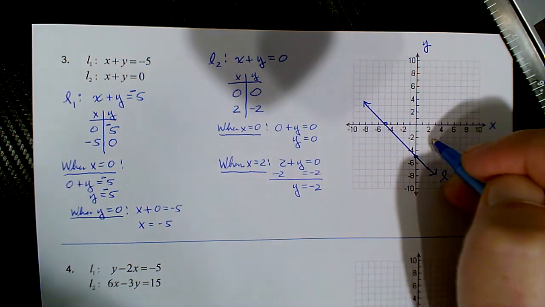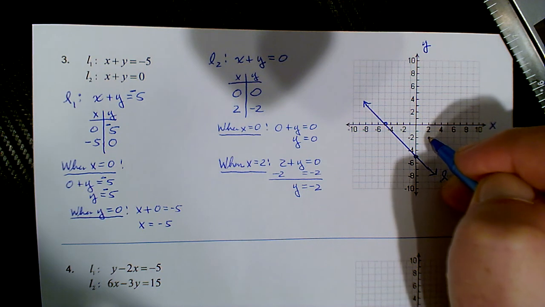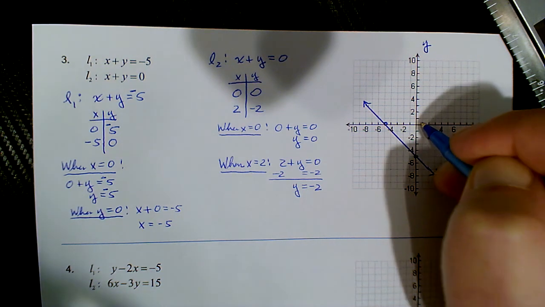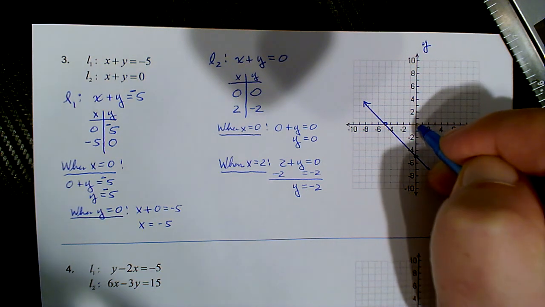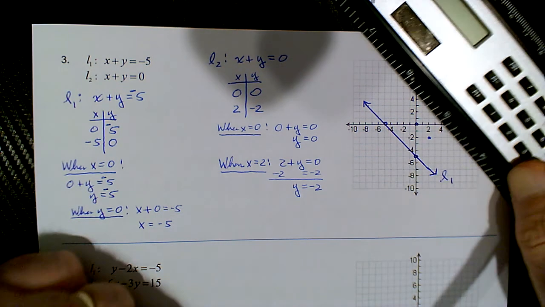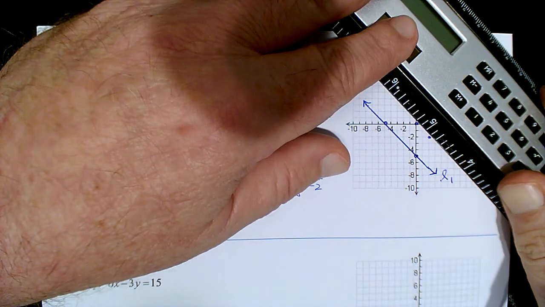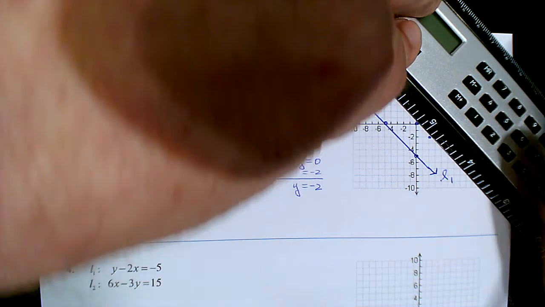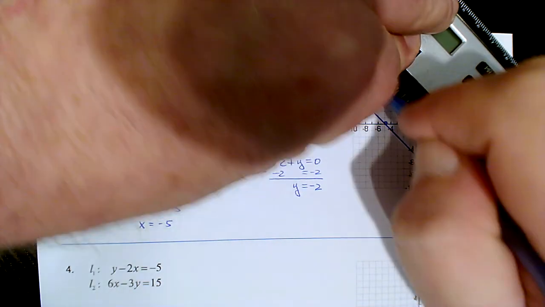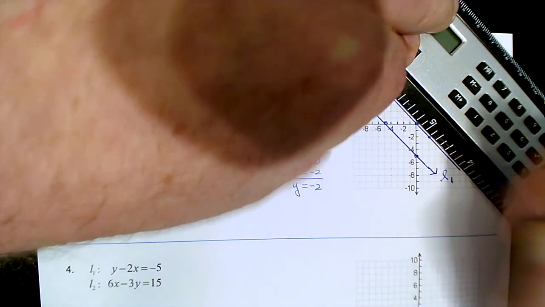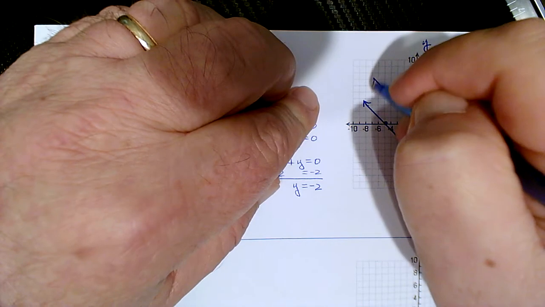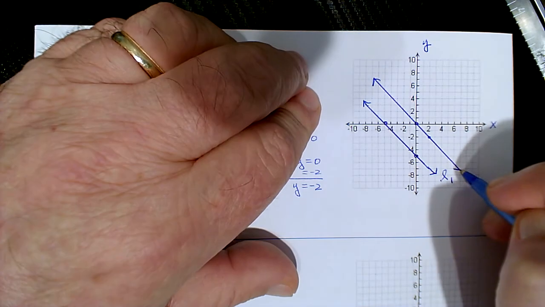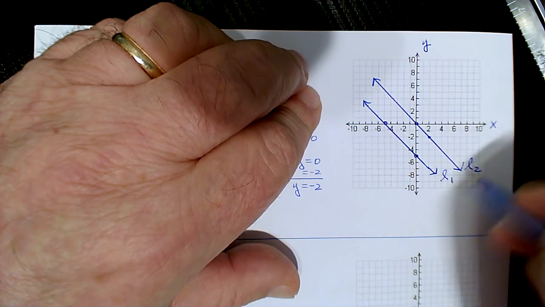So 2 and negative 2 is right here, and we have the origin right here. And now, if we sketch that line, we see that they are parallel. So there's L2.